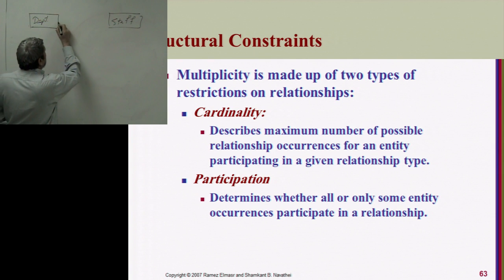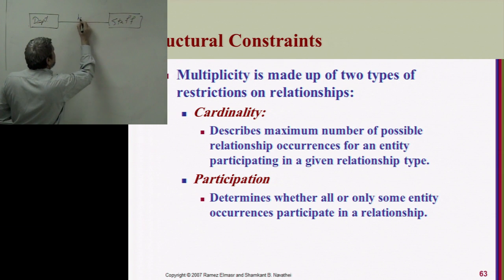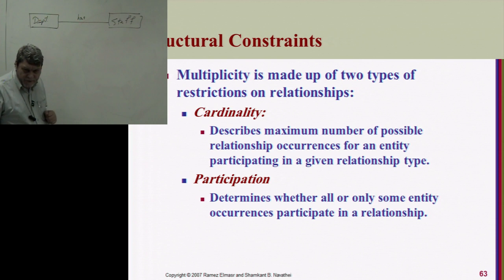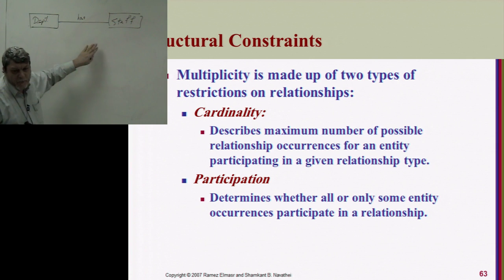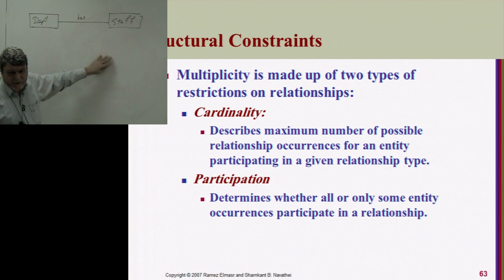So we have the department has, this is the relationship, has. So now the multiplicity says how to relate those two entity types in terms of numbers. Remember the occurrence diagram, right?